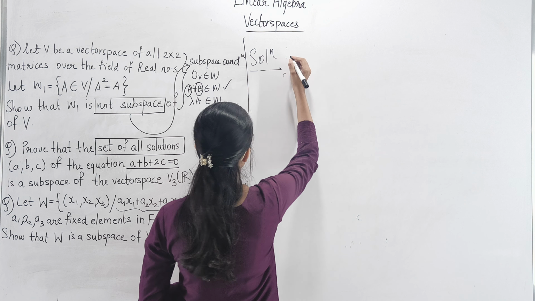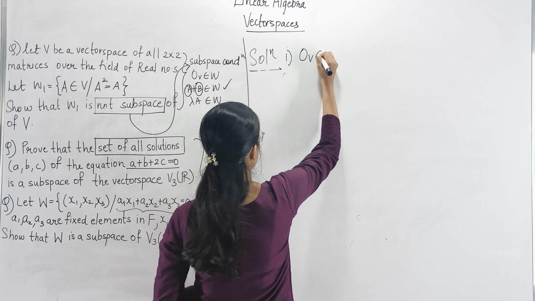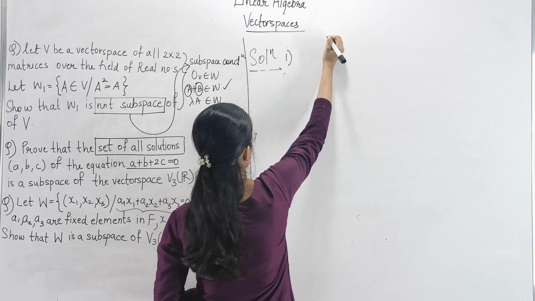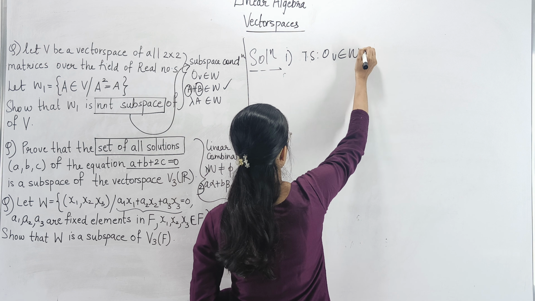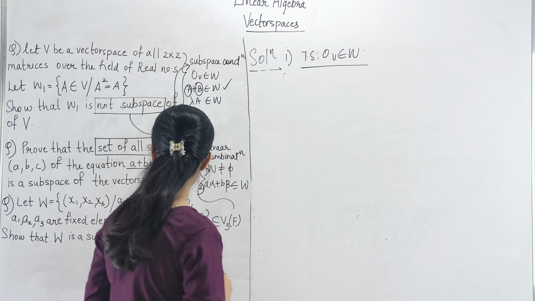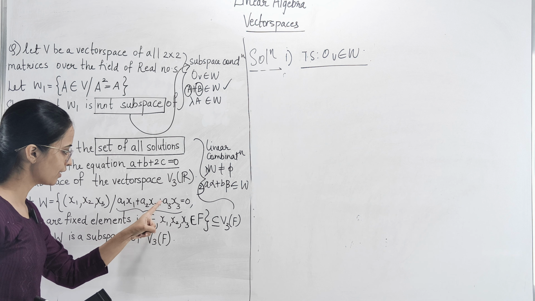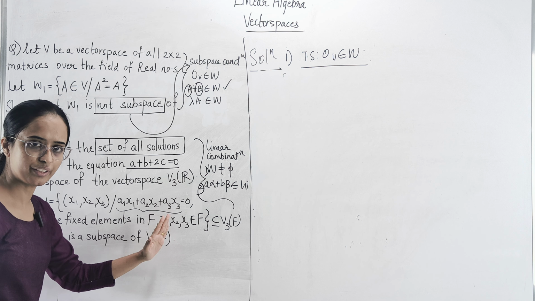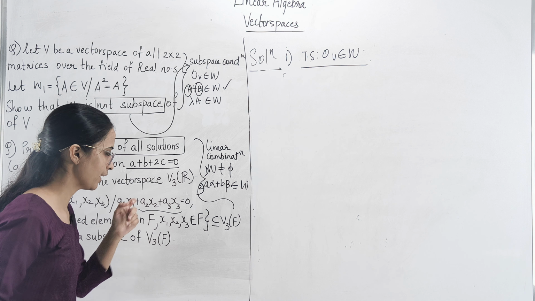So यहाँ पे सबसे पहले we are going to show that your zero vector belongs to W. Now यहाँ पे if you see, ये जो है x1, x2, x3, these are nothing but these elements. Your AIs are fixed. Okay, the only varying factor over here is x1, x2 and x3.